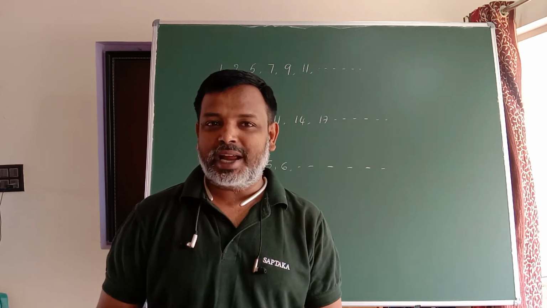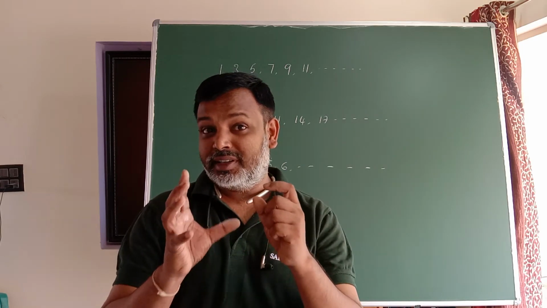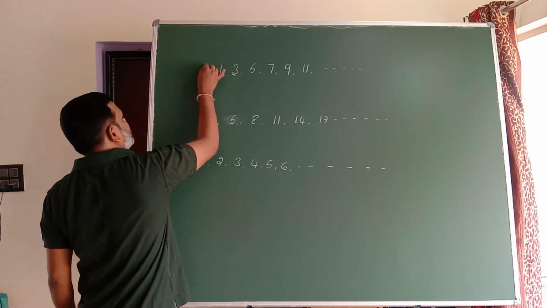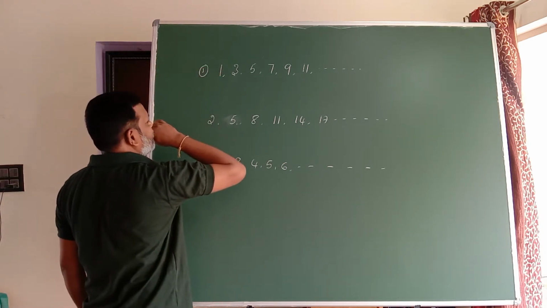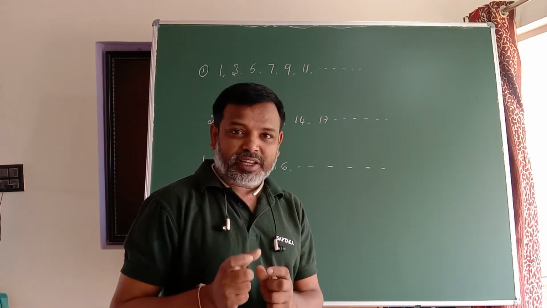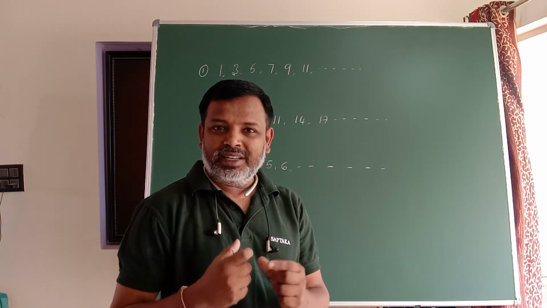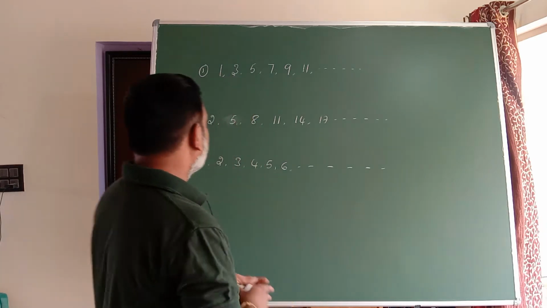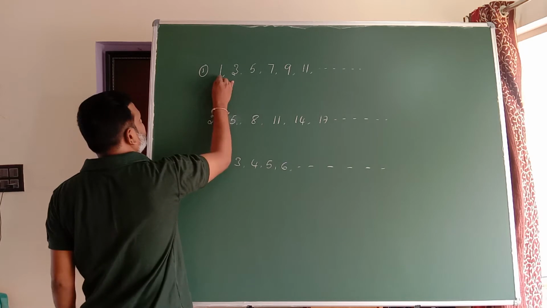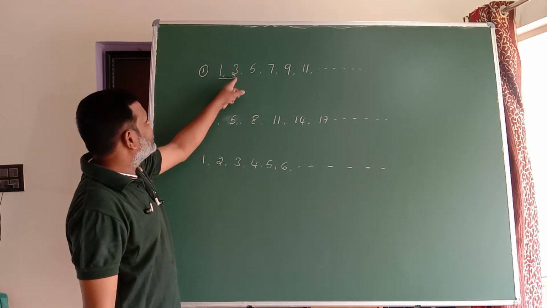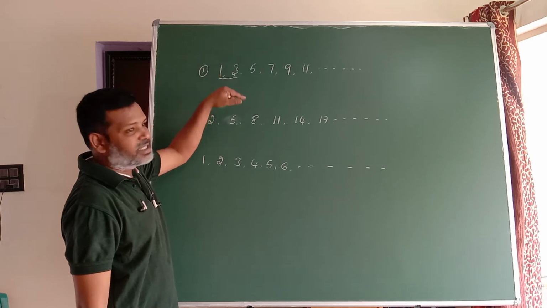Now we need to understand the character of these sequences. In the first example, just observe, we have to take the difference between every pair of succeeding term and preceding term. Got my point? Now, if you consider 1 and 3, 3 becomes the succeeding term and 1 becomes the preceding term.